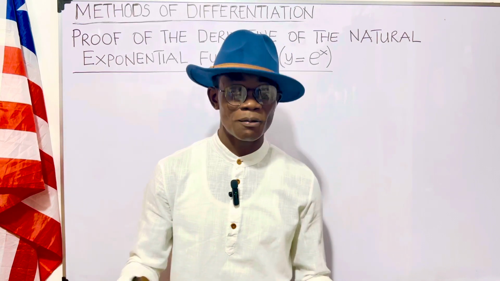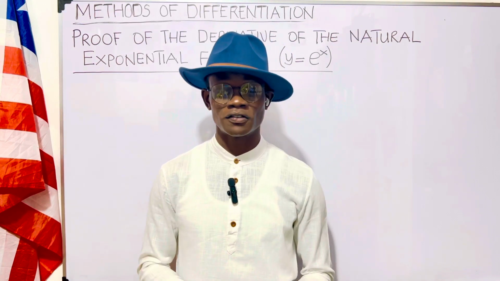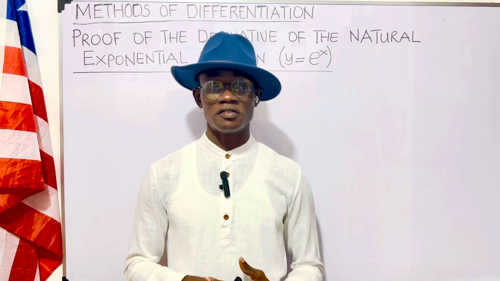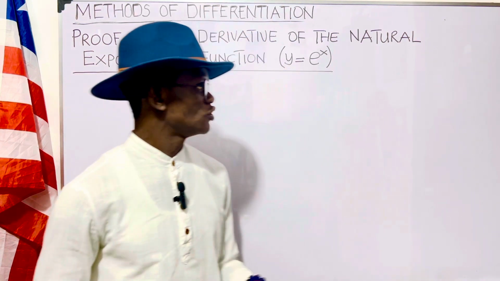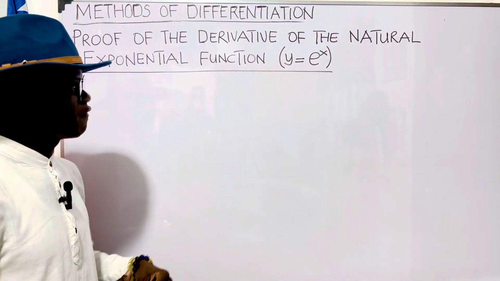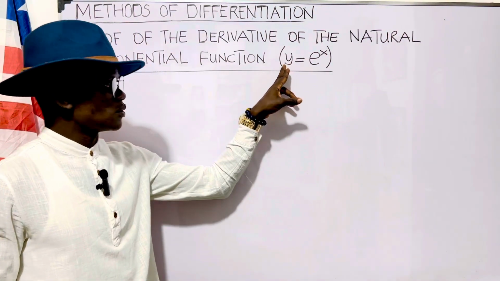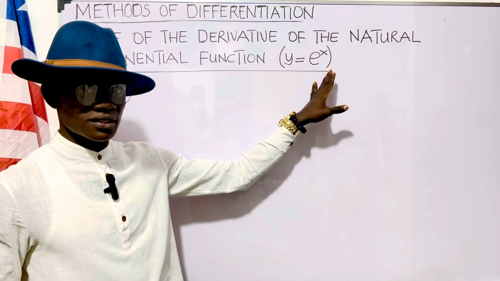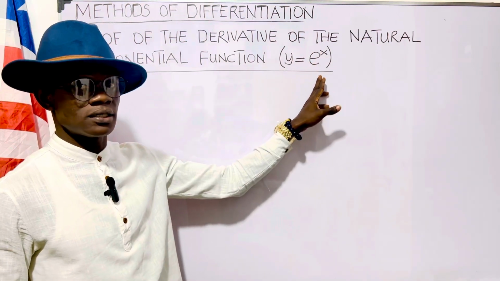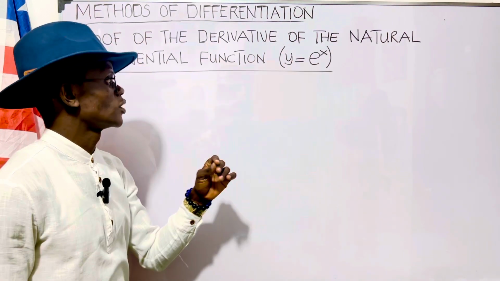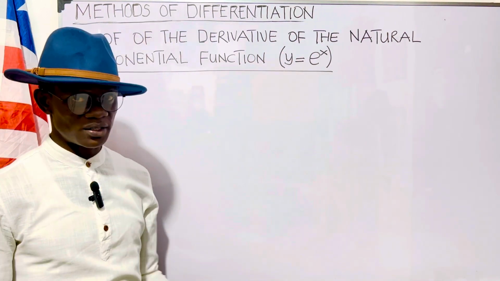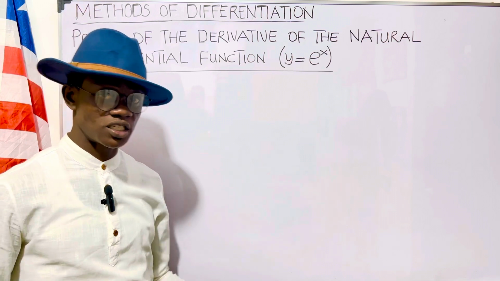In today's lesson, I want to look at the proof of the derivative of the natural exponential function e raised to the power x. So we say if a function is y equals e raised to the power x, which of course is a natural exponential function, we can find its derivative by using the first principle of derivative.